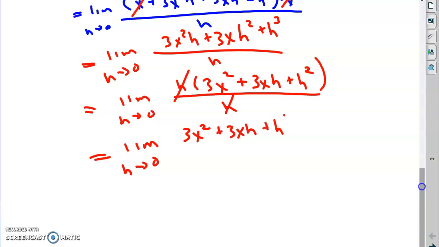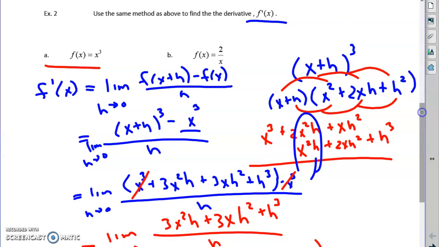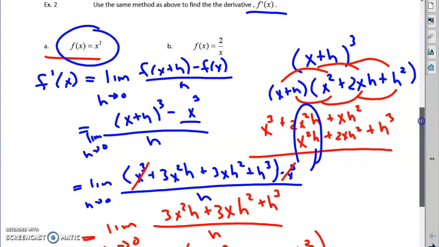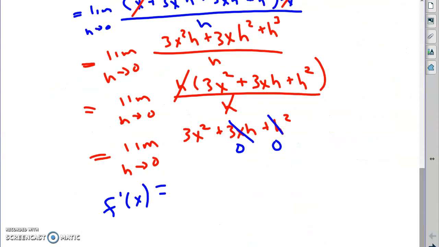The mathematical rigor is what we call it. Now we can take that 0, plug it in for that h, plug it in for that h. So what is f prime of x cubed? Answer, 3x squared. Pardon me, f prime of x cubed is 3x squared.